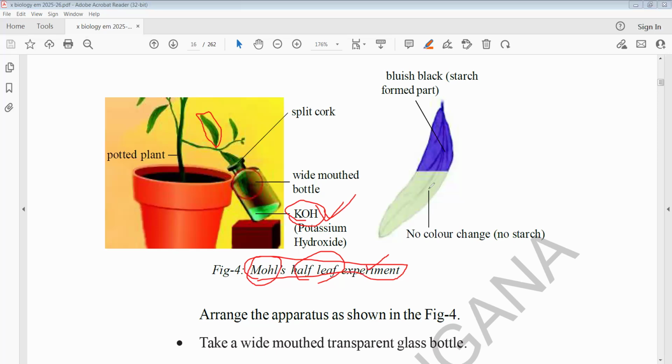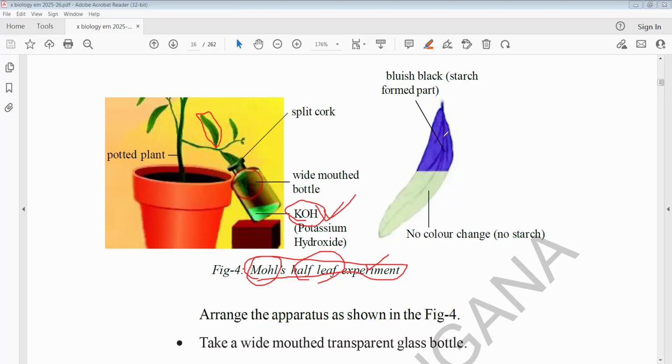The part of the leaf inside the bottle does not turn blue-black. Why? Because there is no carbon dioxide. The part of the leaf outside the bottle receives carbon dioxide, so it turns blue-black in color.